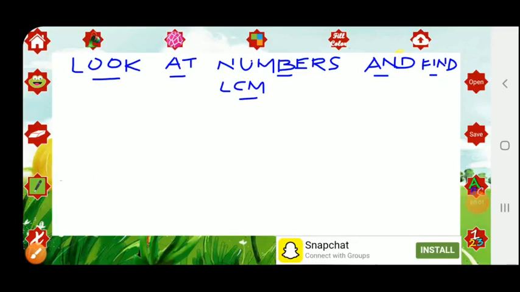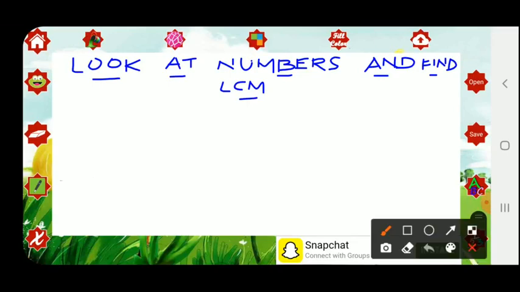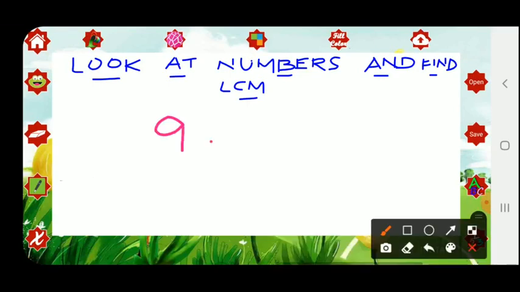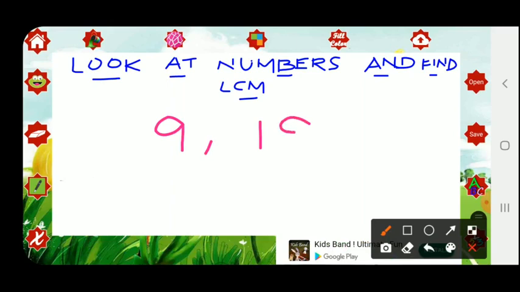Now let's see another formula to find out the LCM just by looking at the numbers. So here let me take two numbers, 9 and 18. We need to find out the LCM of 9 and 18 by looking at the numbers. So here the formula is, first of all you have to look at the biggest number. The biggest number is 18, so we have to take 18 in the square box.